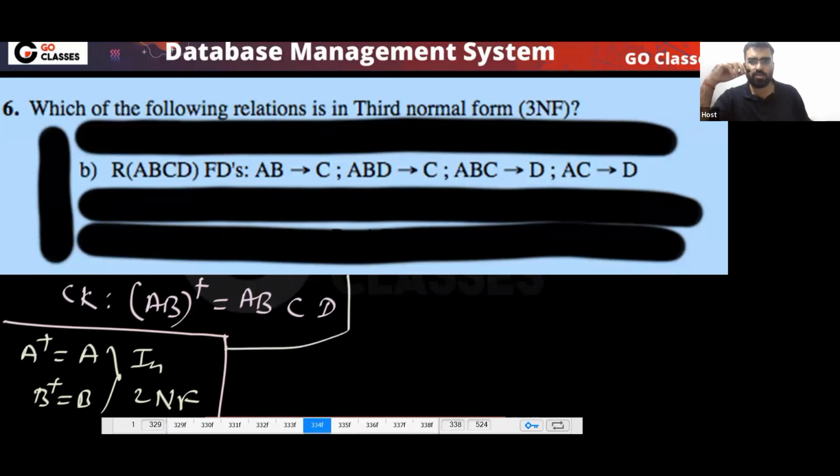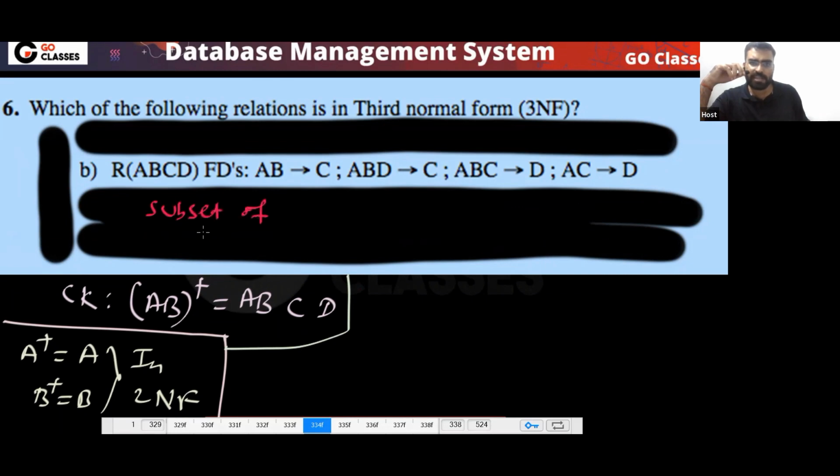Okay, so this is very simple. Now, why is this in 2NF? Is this clear to everyone? This is in 2NF because this can never happen: a subset of a candidate key determining a non-prime attribute.